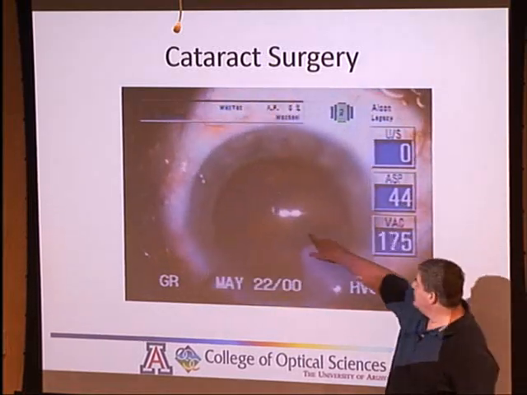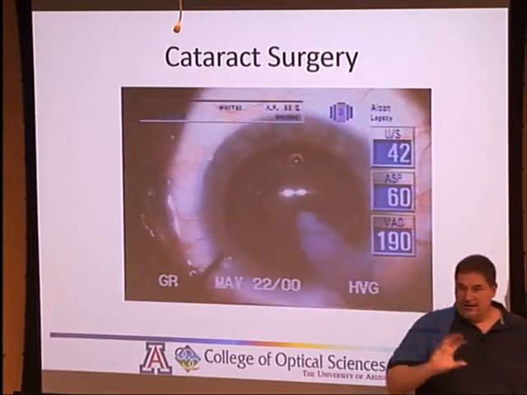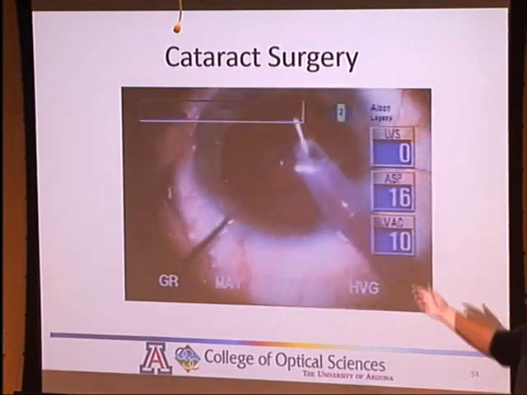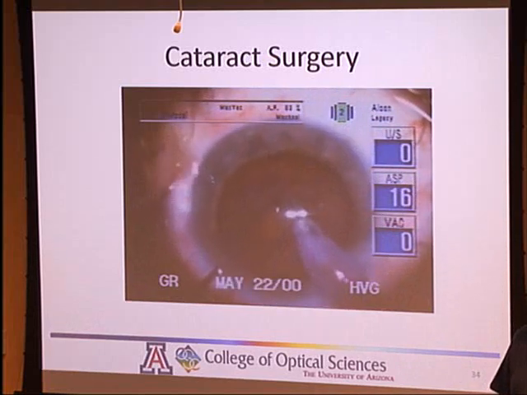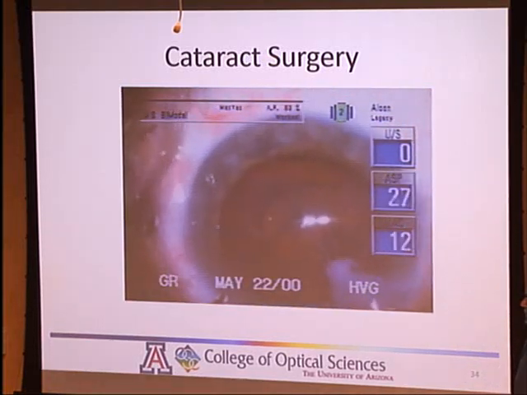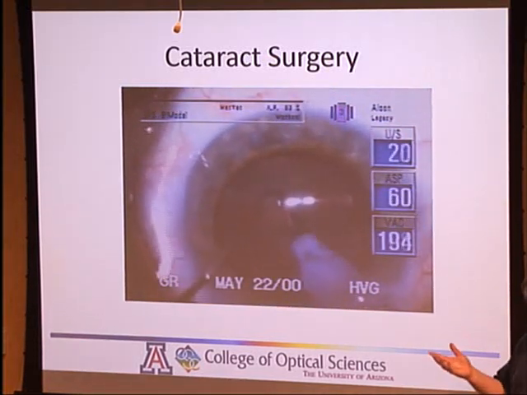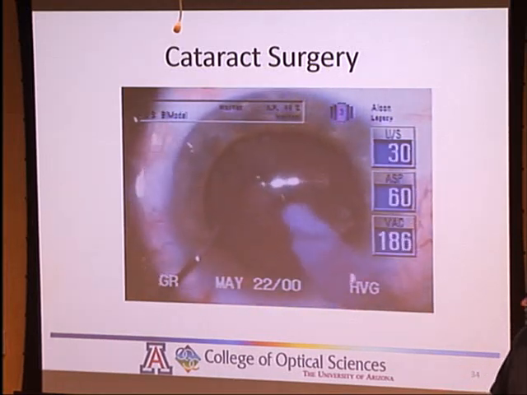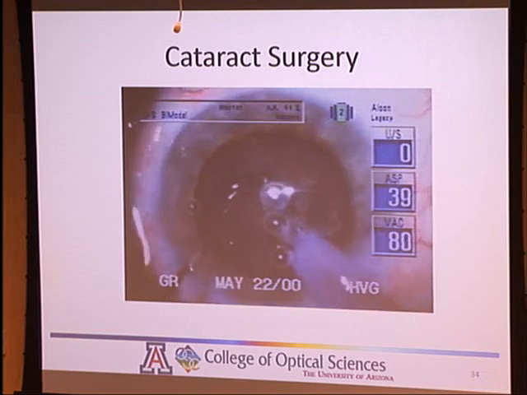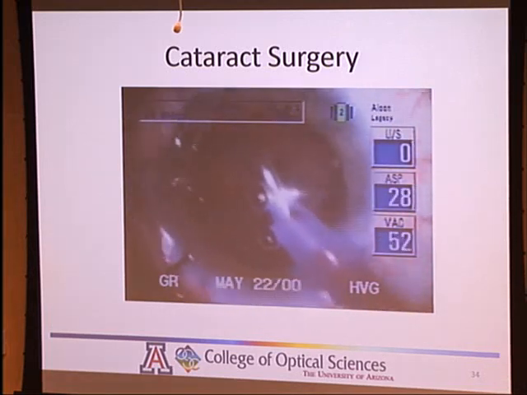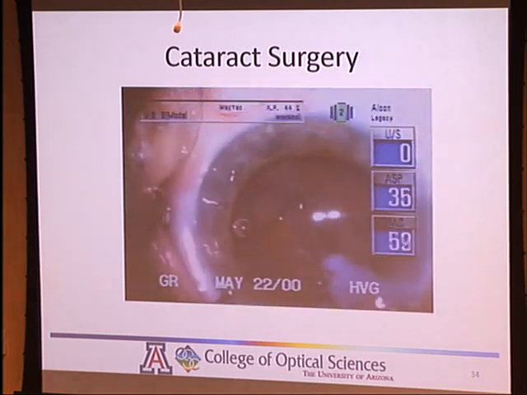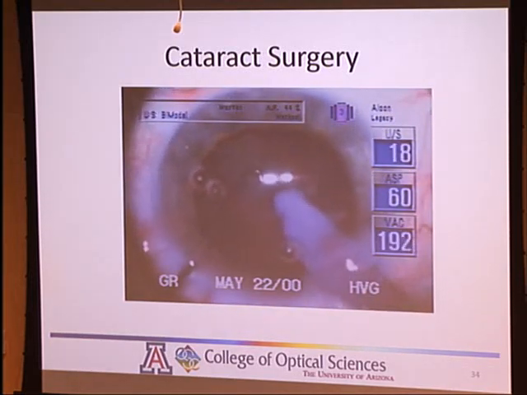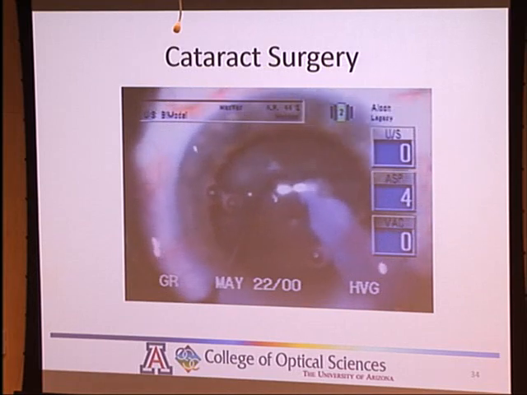And so you touch the probe to the lens, and the vibration shatters the lens into pieces, and then those pieces get sucked out of the eye, and at the same time it's injecting fluid into the eye to try to keep the volume the same through the whole thing. And so as we go through here, you can kind of see bits and pieces being sucked out.